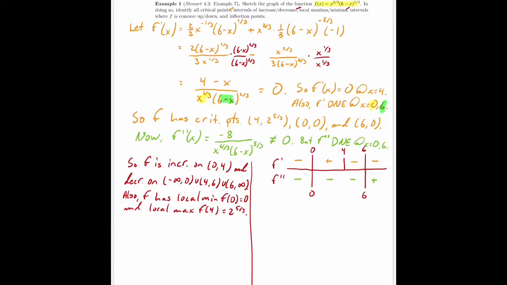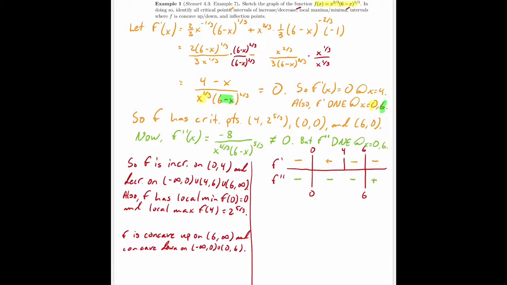Now for the second derivative stuff, f is concave up on 6 to infinity and concave down on negative infinity to 0, union 0 to 6.